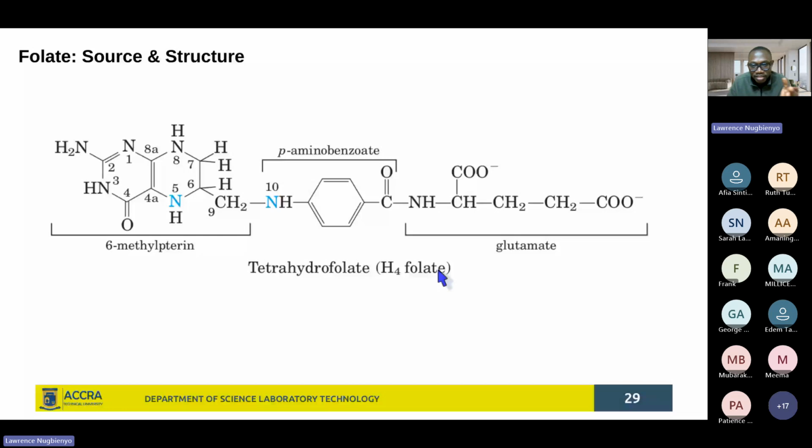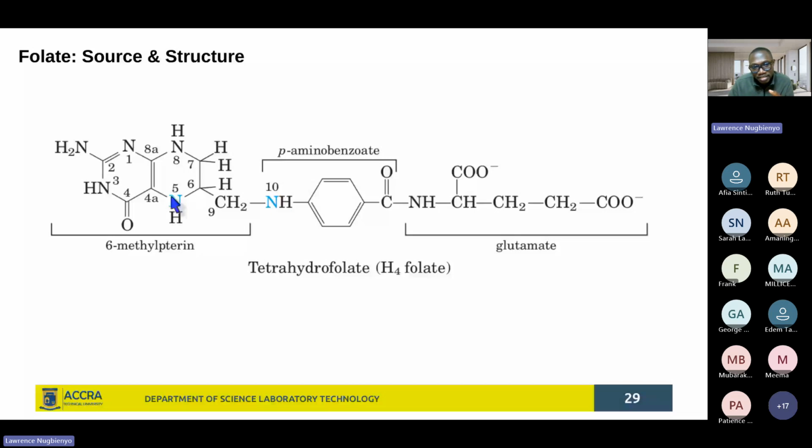This is folate, what you usually refer to as folic acid. This too consists of three major groups. Glutamate or glutamic acid, that's an amino acid. You have a para-aminobenzoate, that's at the center. And then you have a two fused ring structure, 6-methylpterin. And you see some nitrogens are numbered.